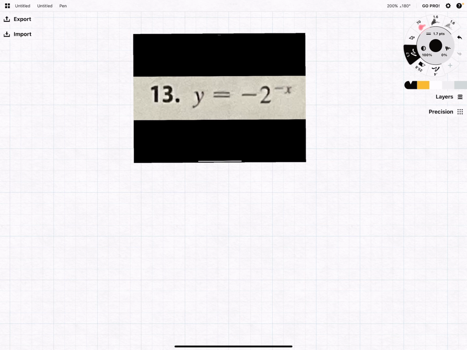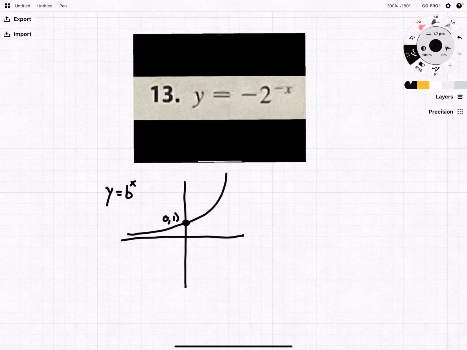So let's go ahead and start very quickly sketching the parent function, which is y equals b to the x. Y equals b to the x in general looks like this, with the point 0, 1 being the y-intercept.